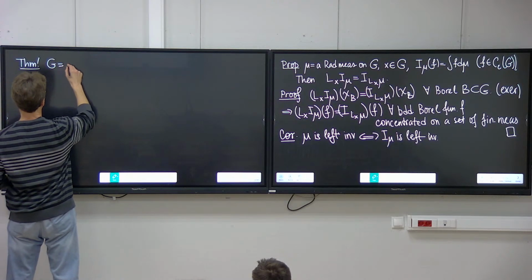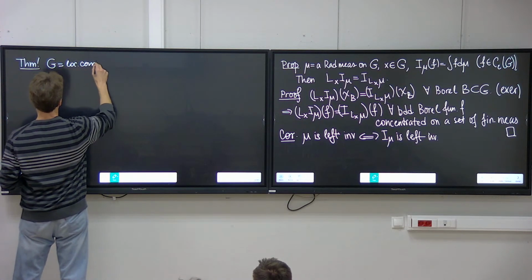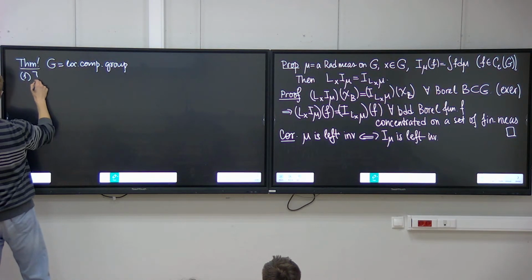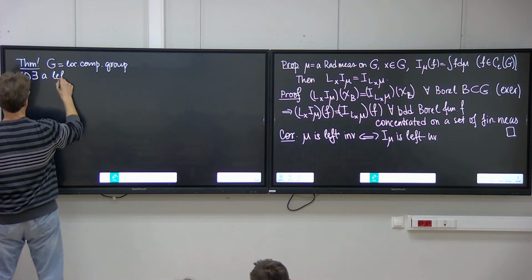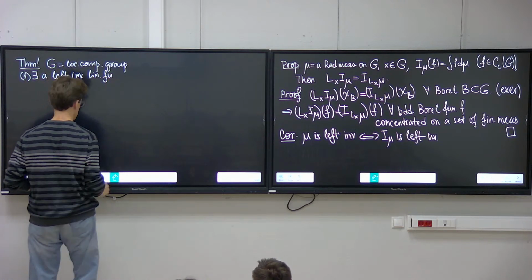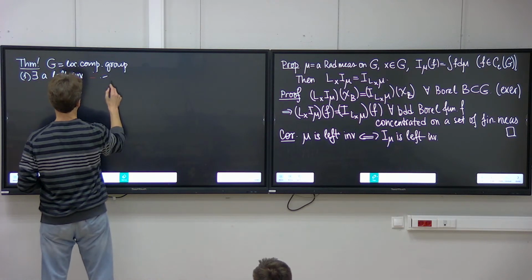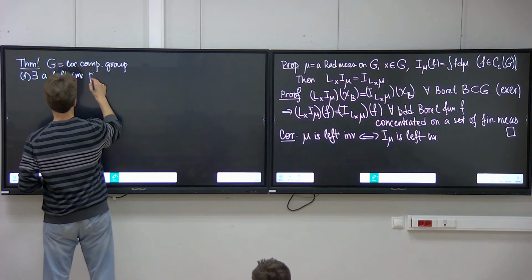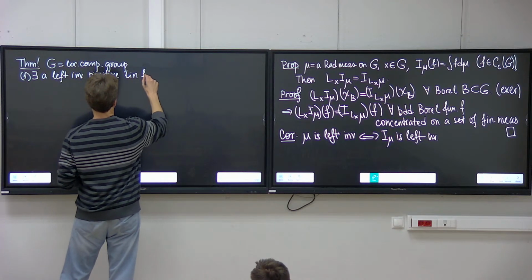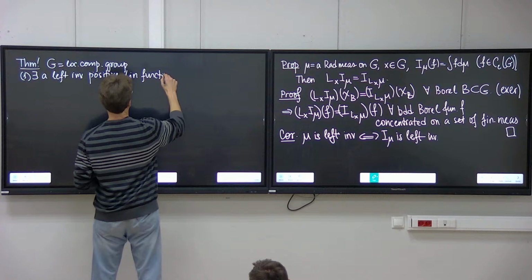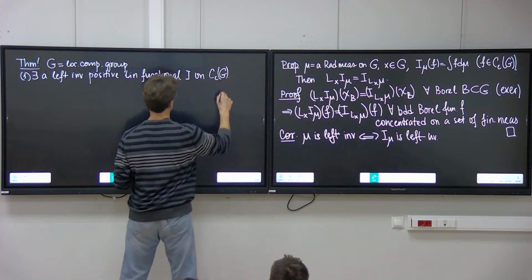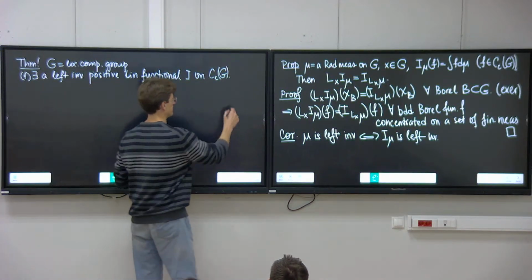If G is a locally compact group, then, first of all, there exists a left invariant positive linear functional I on the space of continuous compactly supported functions. And moreover, I is not zero.